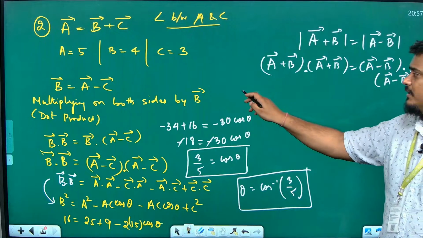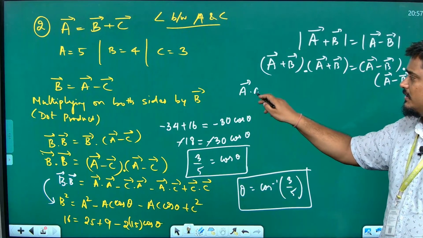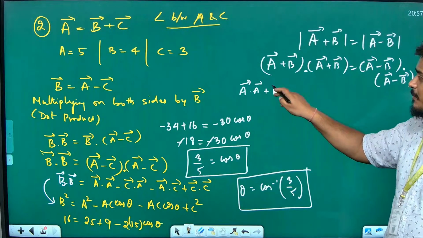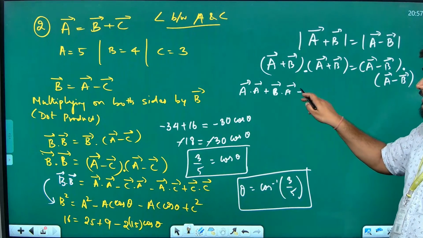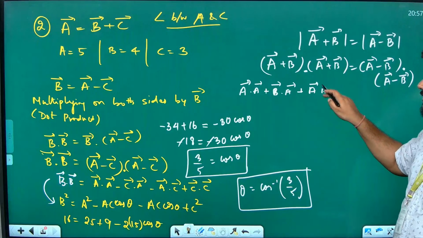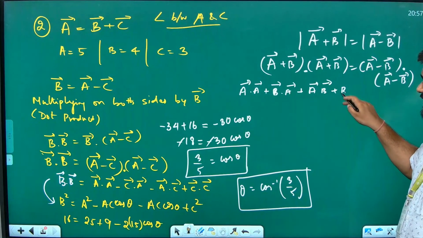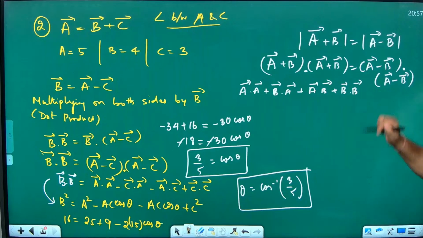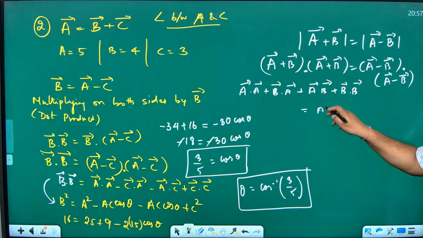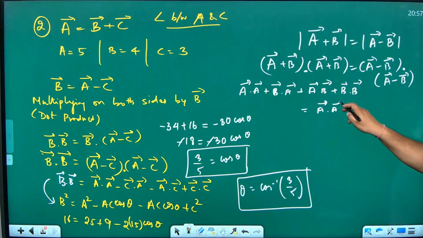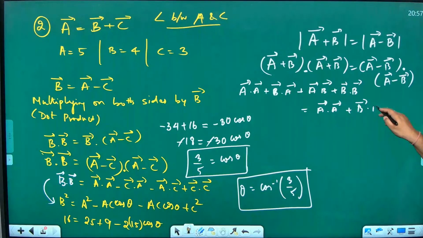Then it will become, see what I am writing, A vector dot A vector plus B vector dot A vector plus A vector dot B vector and plus B vector dot B vector. On right hand side, it will be A vector dot A vector plus B vector dot B vector, and then minus will come, minus A vector dot B vector and minus B vector dot A vector.